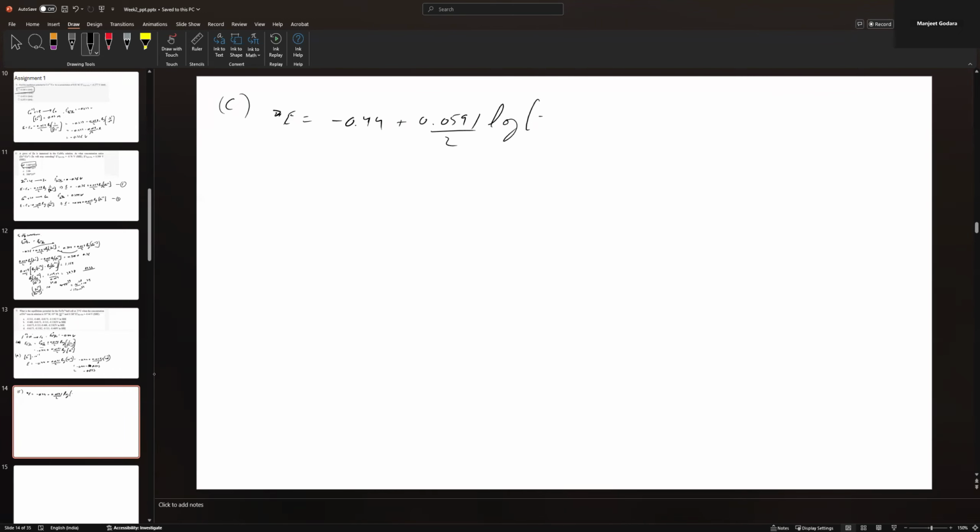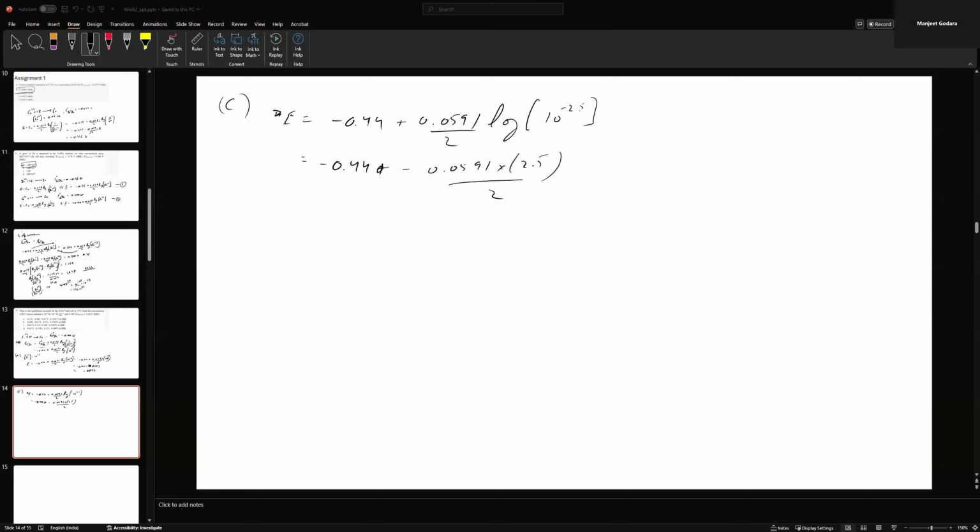Minus 10 to the power minus 2.5. Minus 0.44 plus, I'll take the minus of 0.0591 into 2.5 to straight away calculate the final value. 0.0591 into 2.5 divided by 2, plus 0.4.